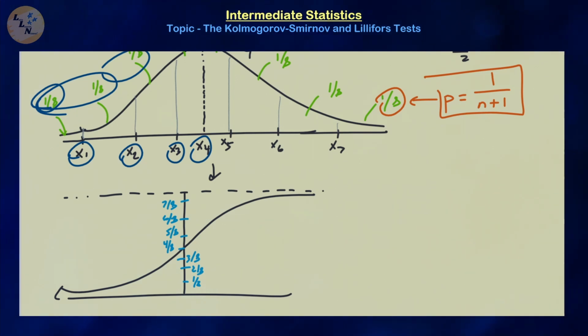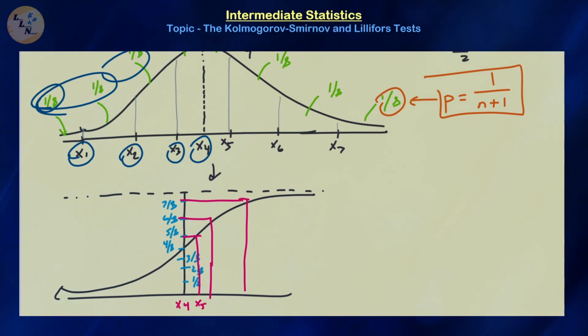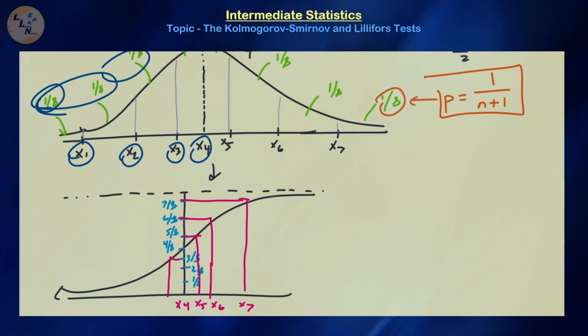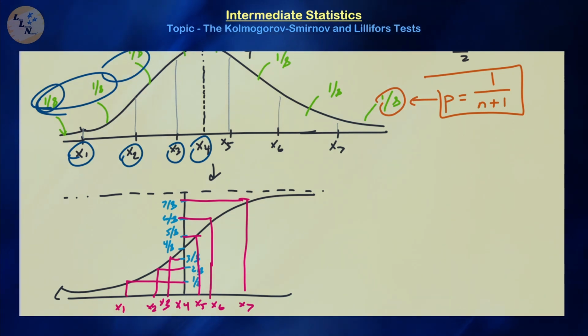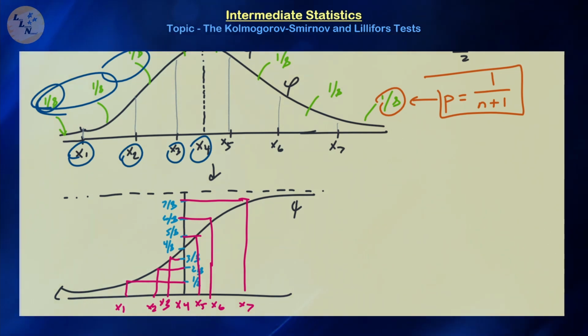So if we draw where these points are coming from, that should be x4, x5, x6, x7, and then over here we have x3, x2, and x1. That is our distribution psi, and that's our distribution phi. So that's the graphical perspective of what we're looking at here.